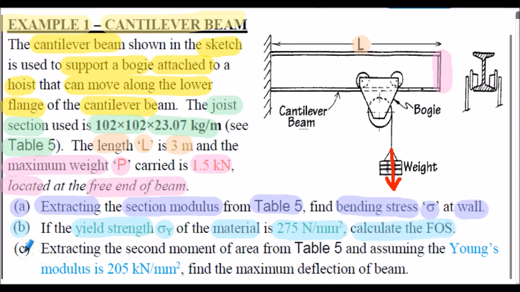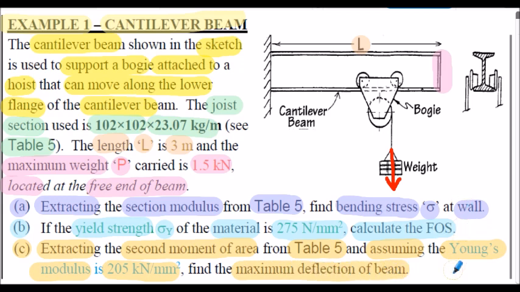And part C, extracting the second moment of area from table 5 on the next slide, and assuming the Young's modulus is 205 kilonewtons per millimeter squared, we've got to find the maximum deflection of the beam. So that's example 1 outlined.